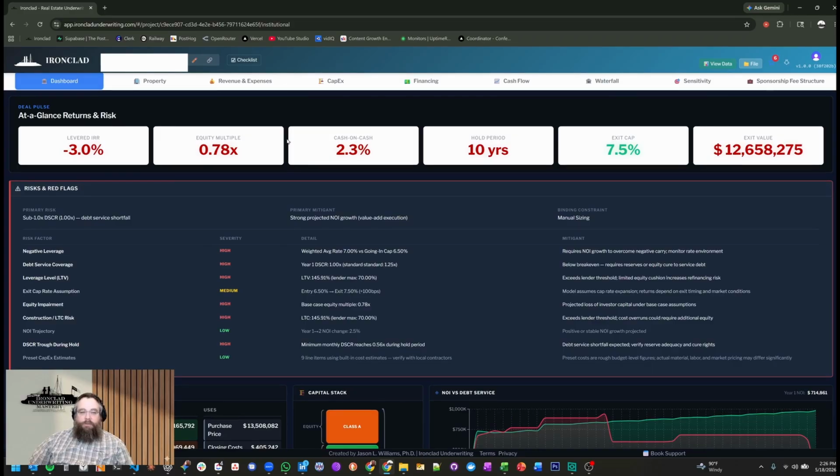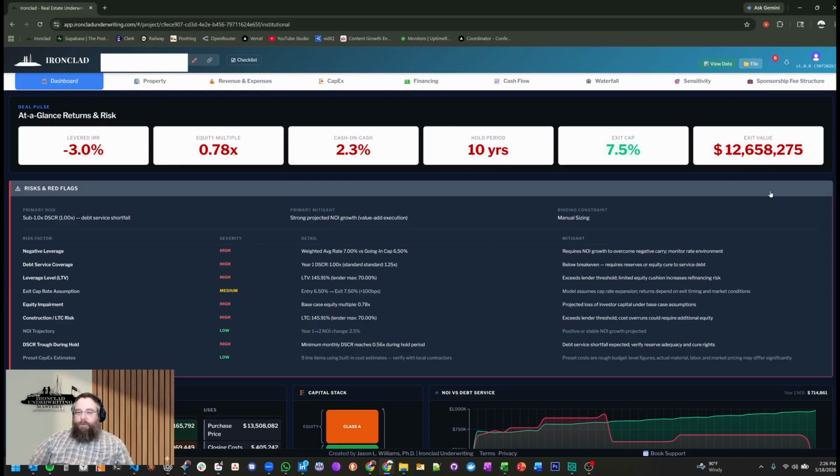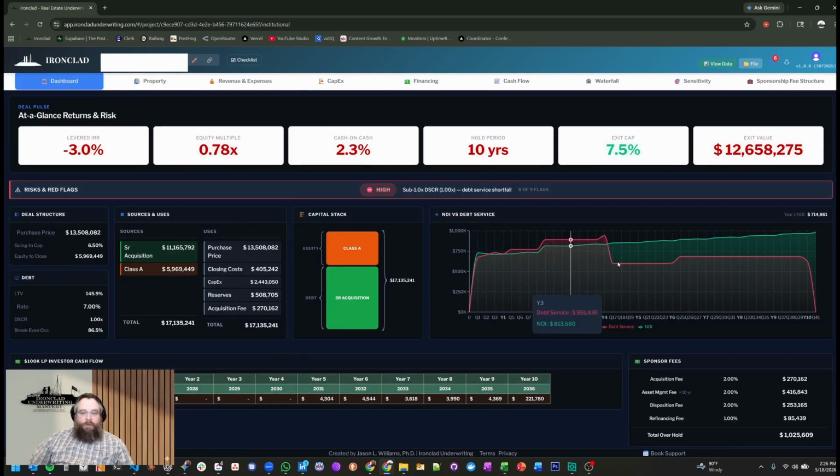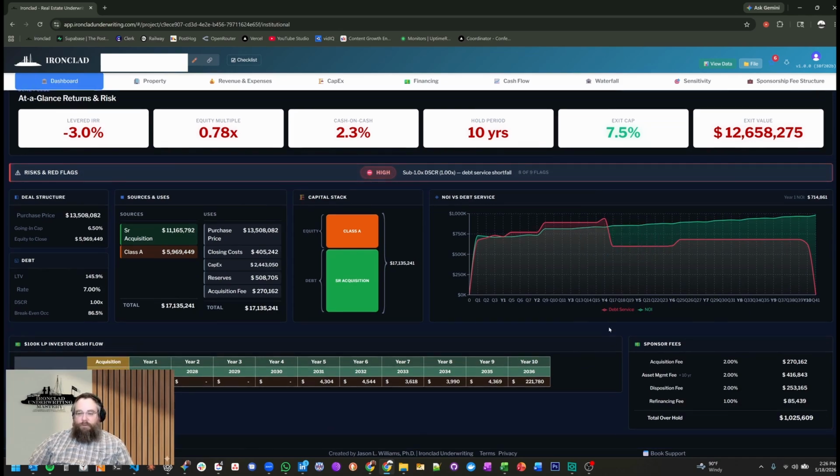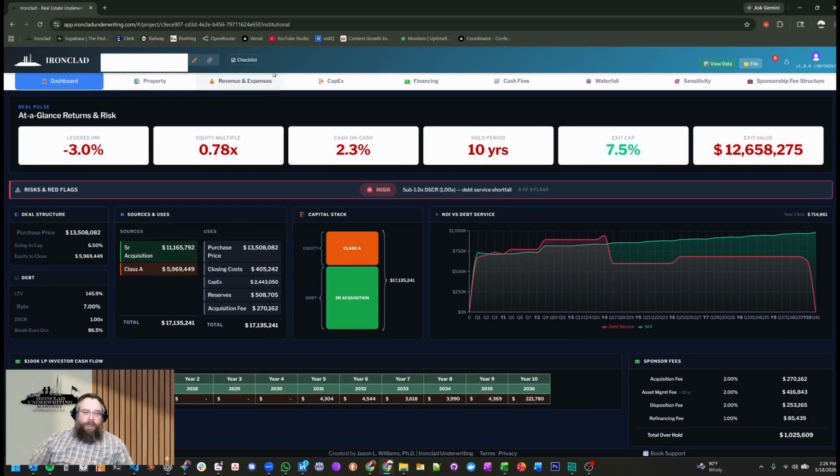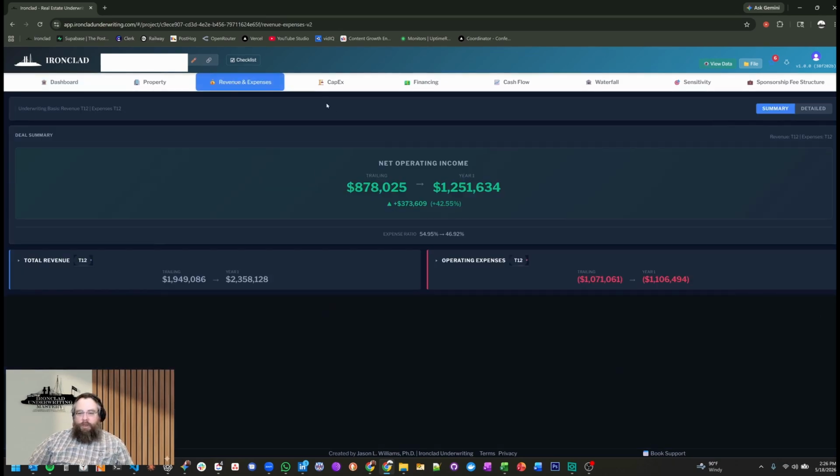It's still not enough to make it cash flow. Equity multiple is 0.78. So that means everyone's losing money. DSCR, trough during hold. So we're buying for what, 13, and it's got an exit value of 12.6. So we definitely need to figure out ways to boost our NOI.